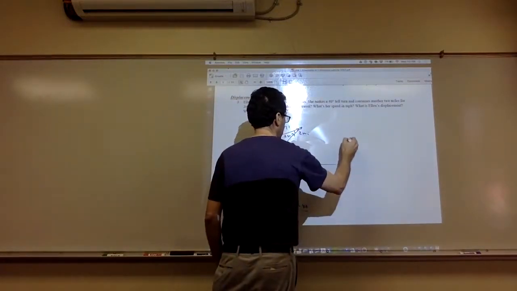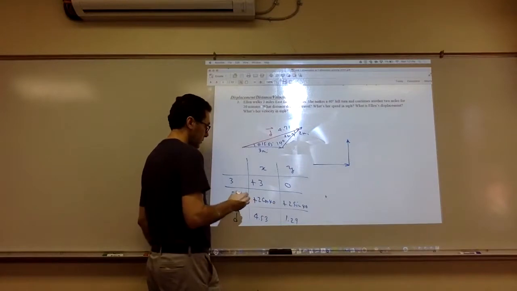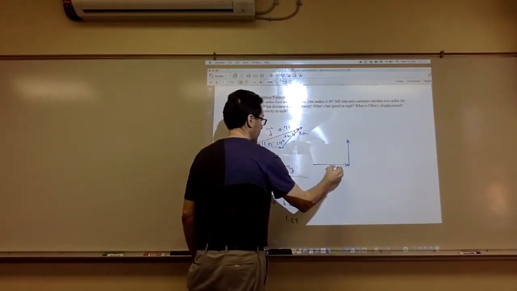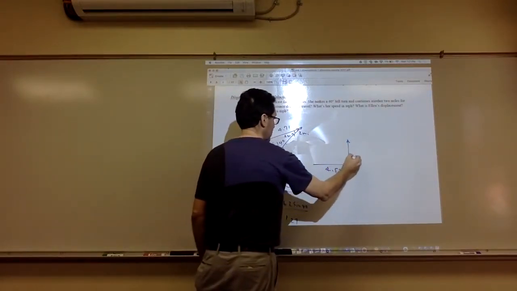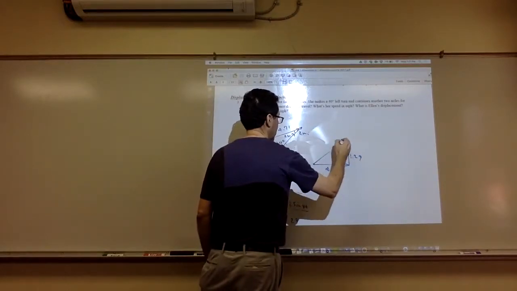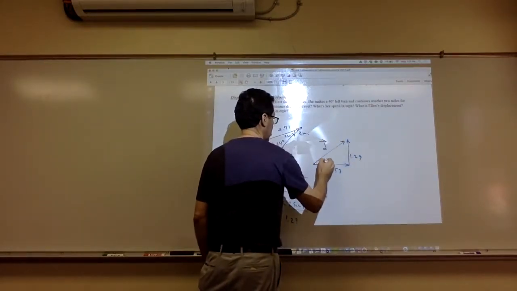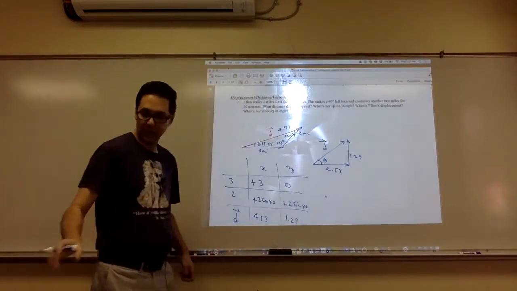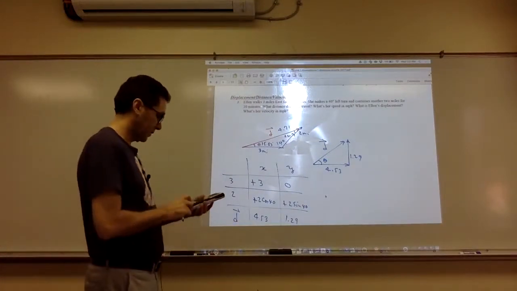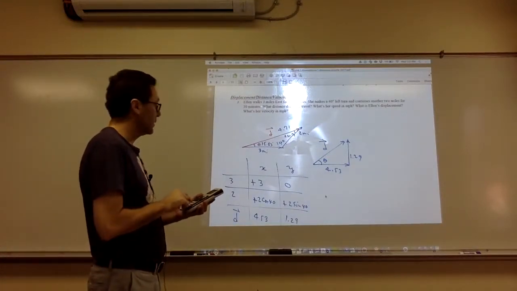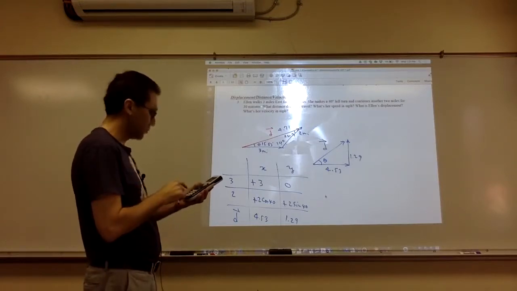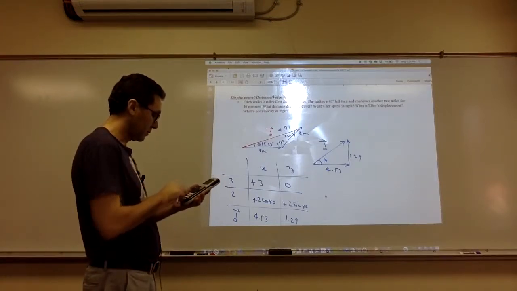So I make that triangle, just like we did in the vector series. 4.53 here, 1.29 here. Find out what this D is here and find out what that angle is. So you can do Pythagorean theorem, okay? And you can do the basic trick to find the angle.